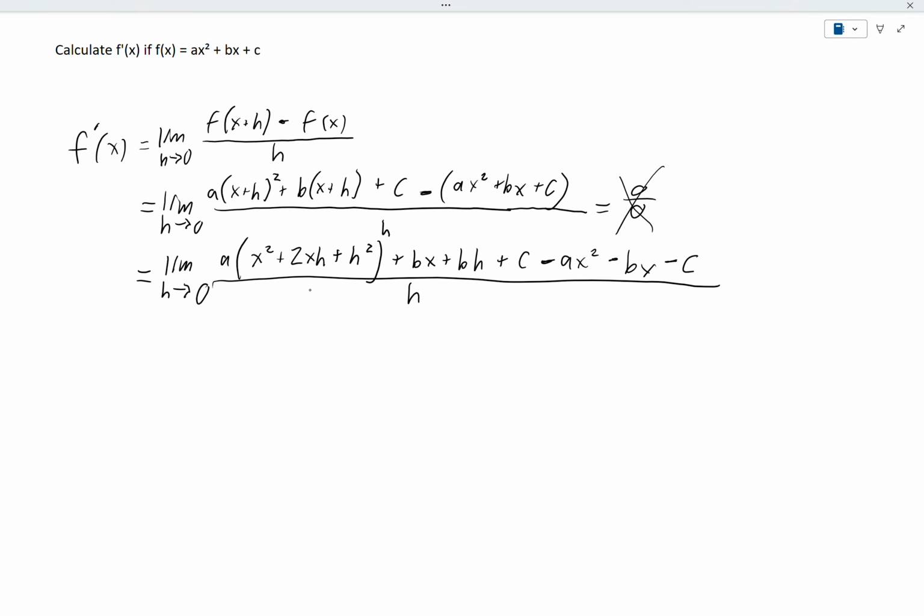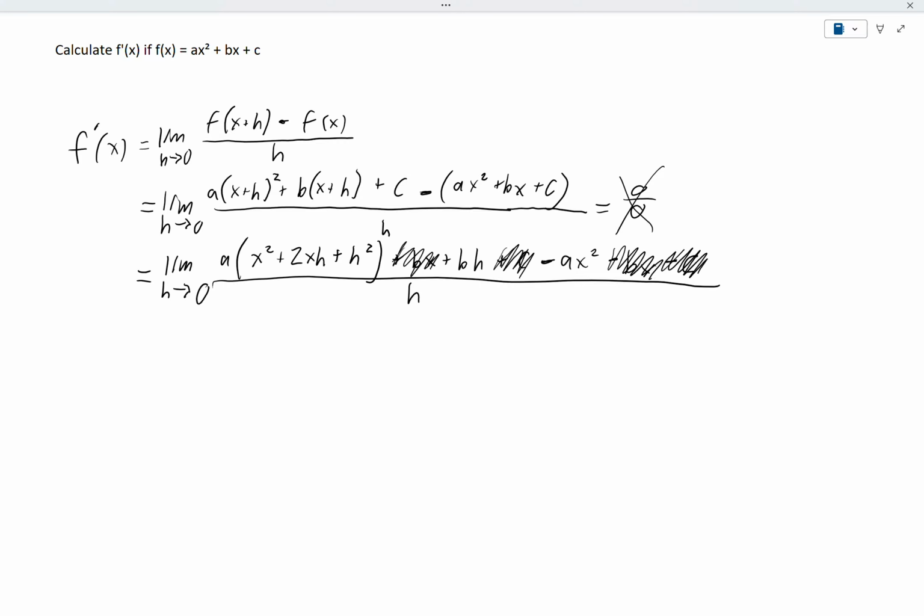And you can see there's going to be some cancellations in the numerator already. We haven't even distributed a into this polynomial here, but you can see there are some cancellations already. So I'll cancel some stuff before I rewrite it, such as positive c and negative c, positive bx and minus bx, those cancel.